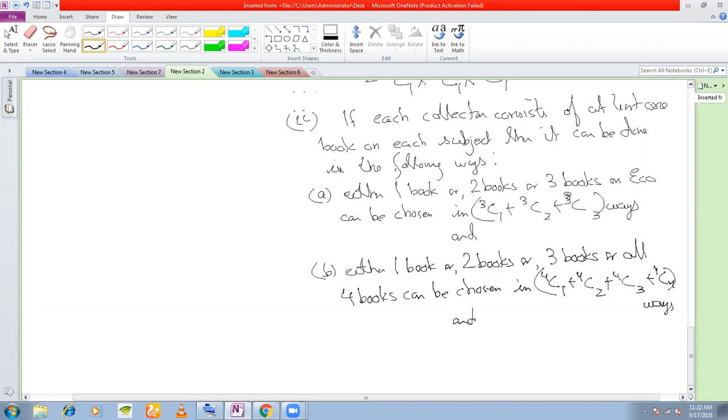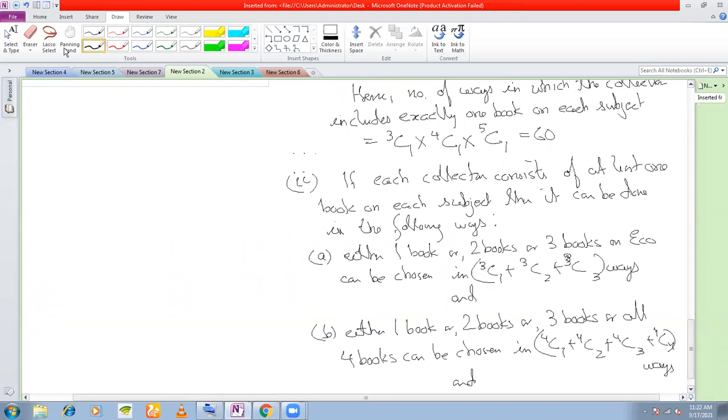And how many books on geography? 5 books.